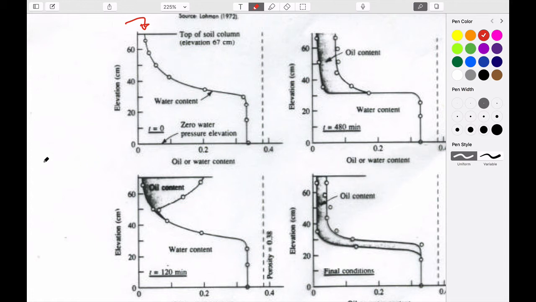You'll remember that before we defined water content, which is equal to the volume of water over the total volume, as opposed to saturation, which is the volume of water over the volume of the pore space.